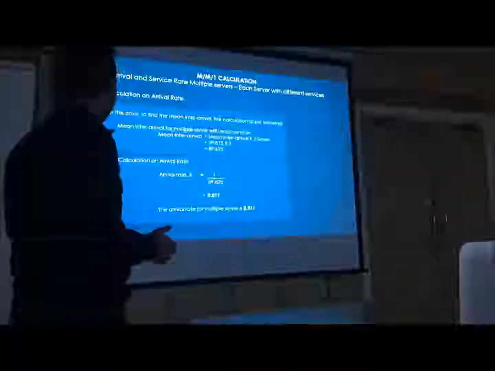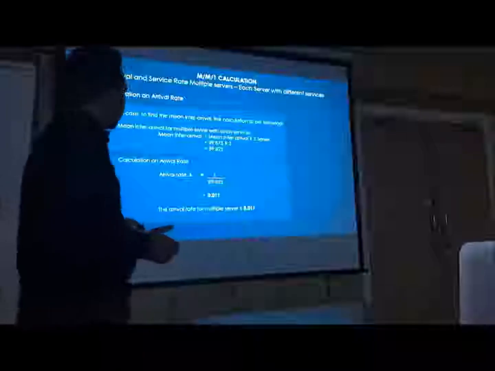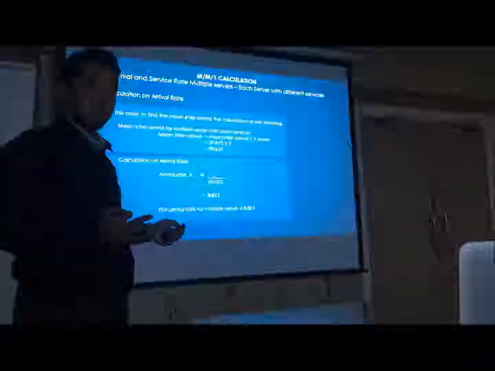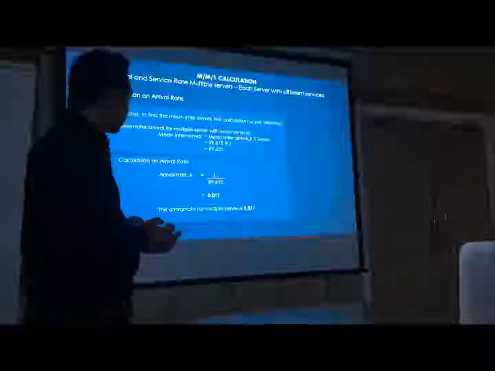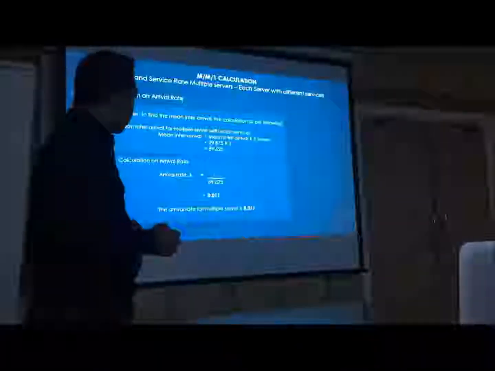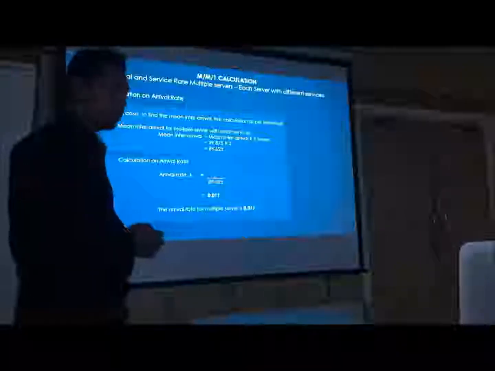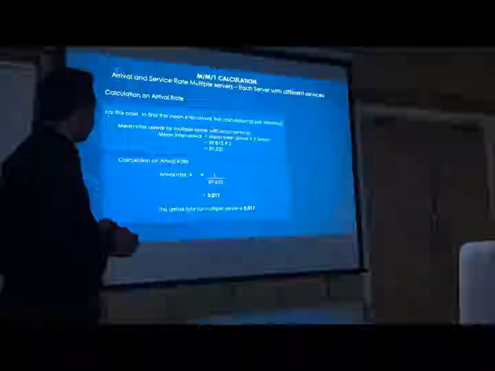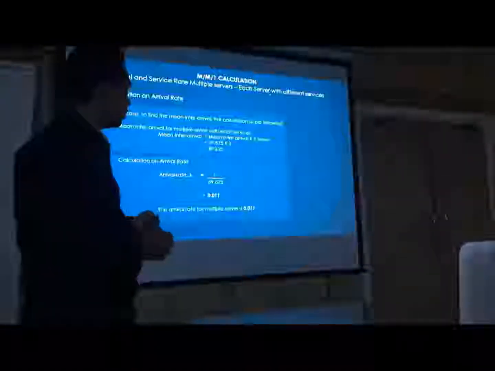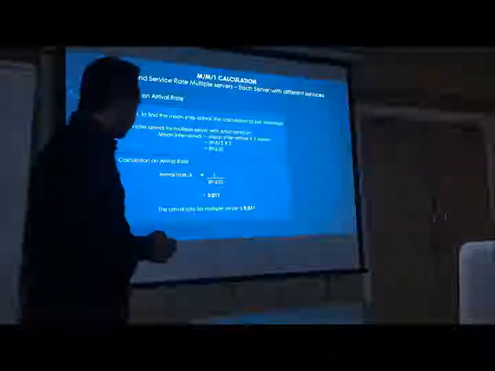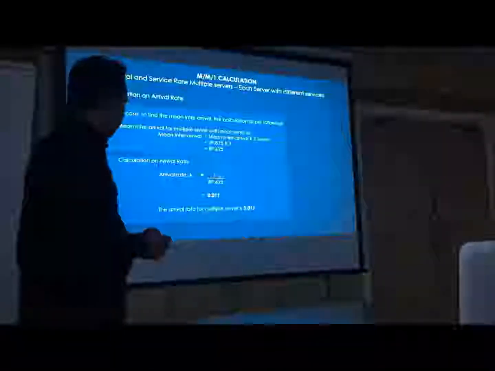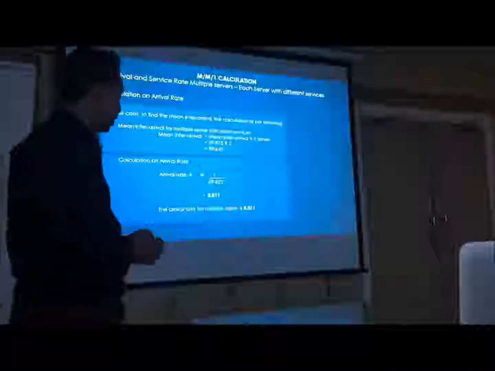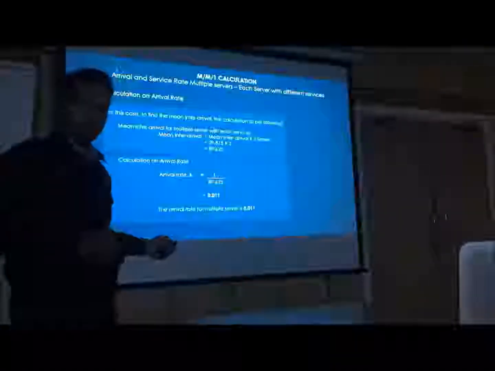In our case, we have 3 servers, so mean inter-arrival multiplied by 3, and we get this answer, 89.625. So on the calculation of the arrival rate for multiple server, each server with different services, we calculate 1 divided by 89.625, and the result is 0.011. So the arrival rate for multiple server is 0.011.